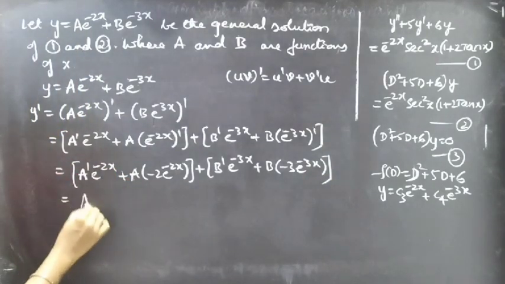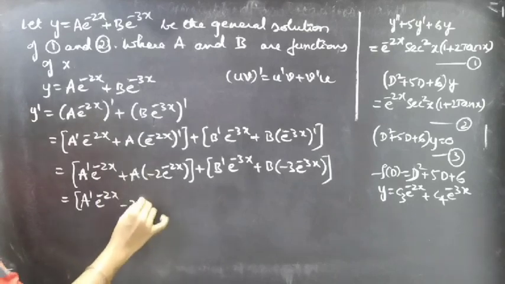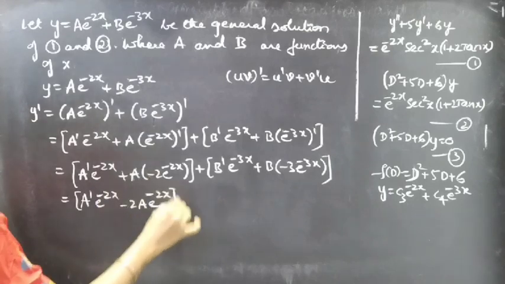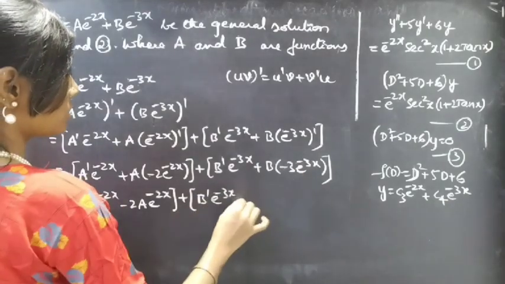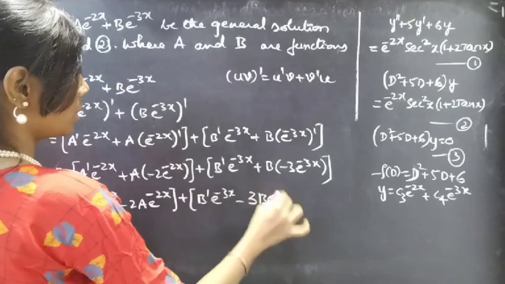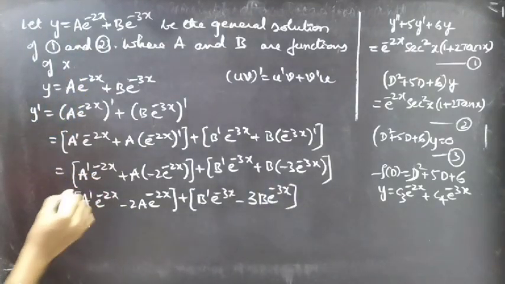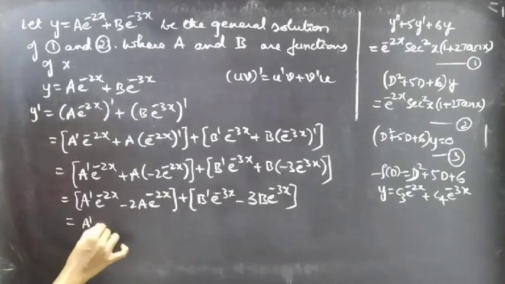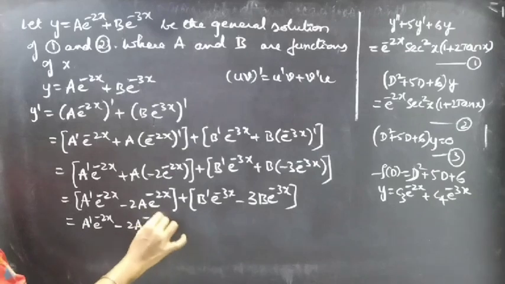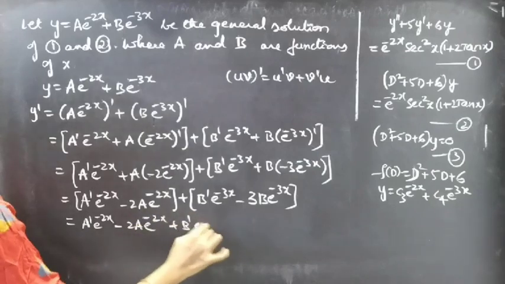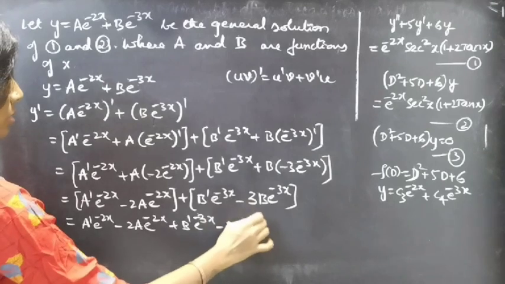Removing the brackets, I'll get a dash e power minus 2x minus 2a e power minus 2x plus b dash e power minus 3x minus 3b e power minus 3x.